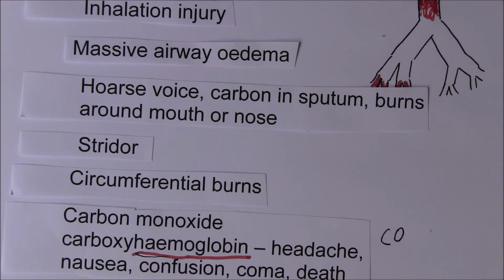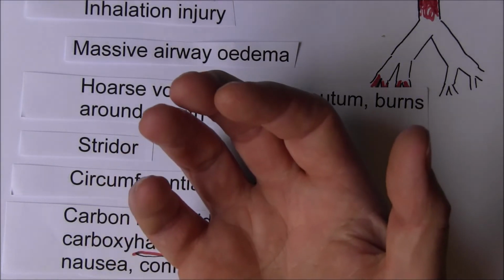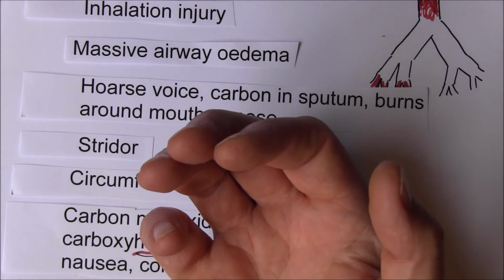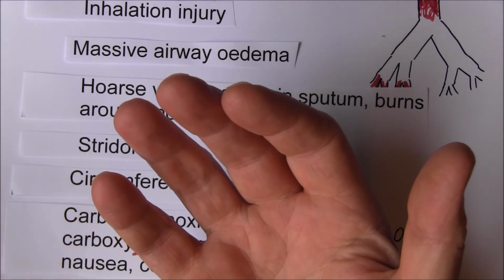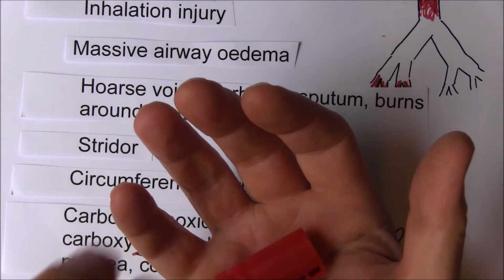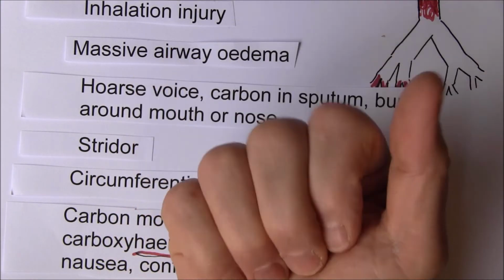But the carbon monoxide occupies the normal receptors in the hemoglobin molecules that bind the oxygen, and it just sits there. It's got a high affinity for it. So once the carbon monoxide molecule is there, it'll just sit there. It won't be released.